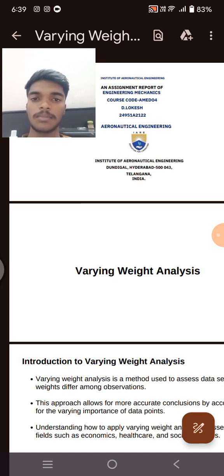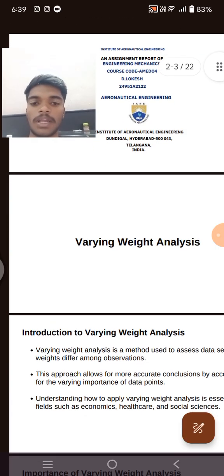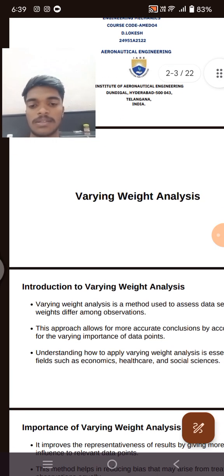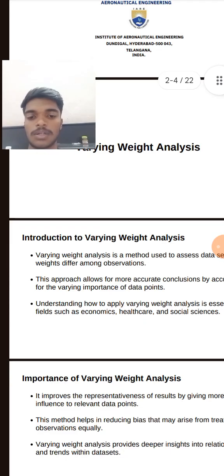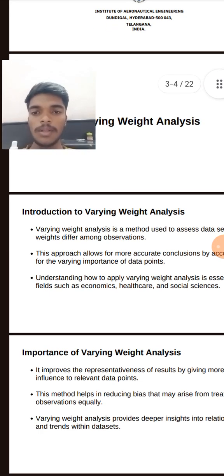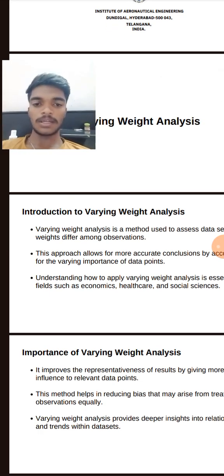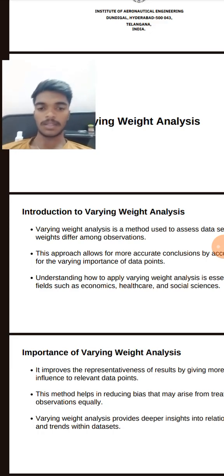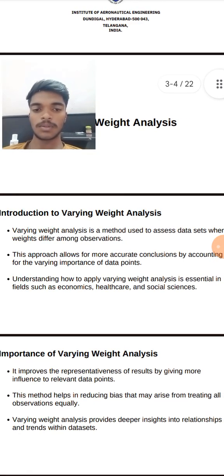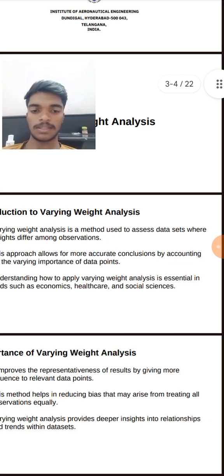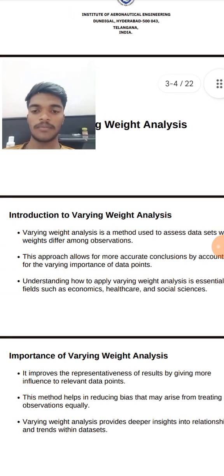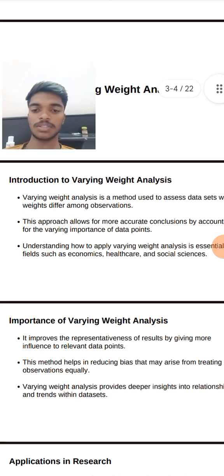Today, an assignment report of engineering mechanics. The topic is about varying weight analysis. Introduction to varying weight analysis. Varying weight analysis is a method used to assess data sets where weights differ among observations.